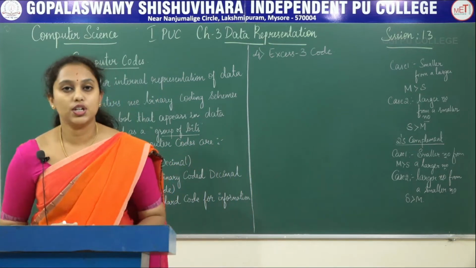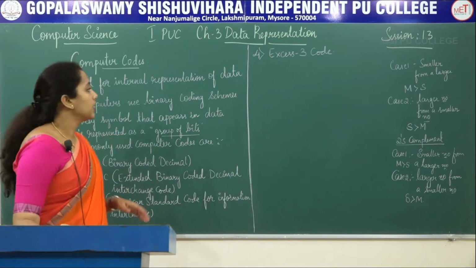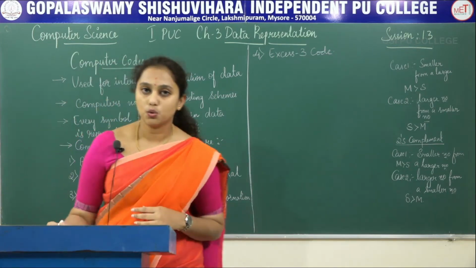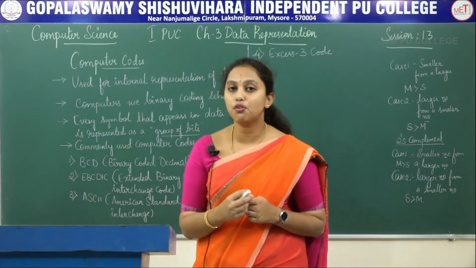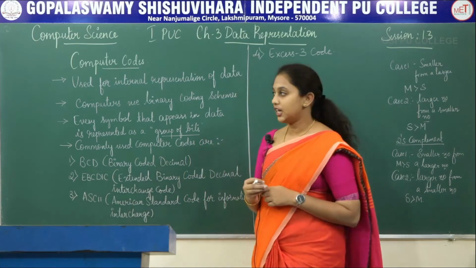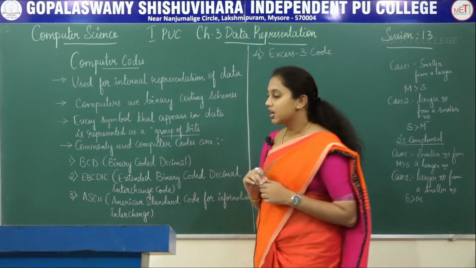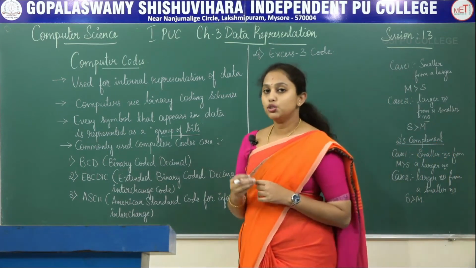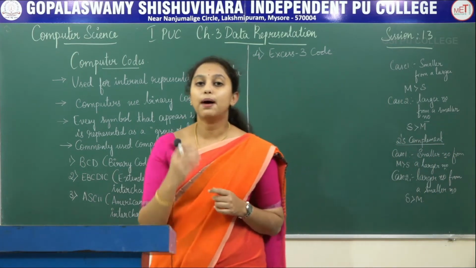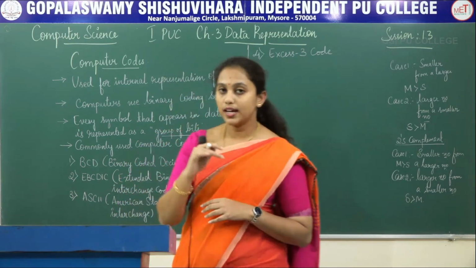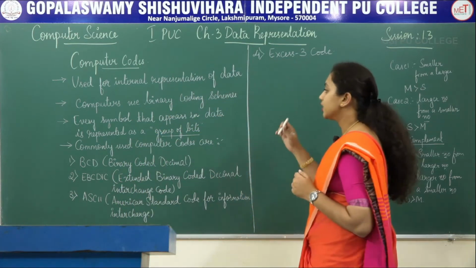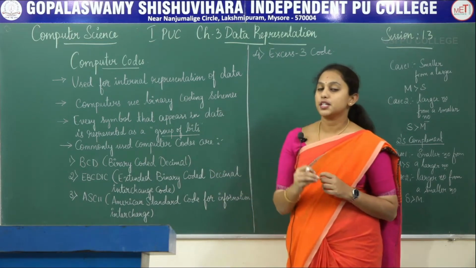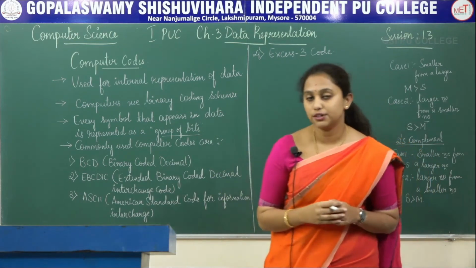In this session we are going to study computer codes. What are computer codes? Computer codes are used for internal representation of data. In computers, we represent data in binary codes, so computers use binary coding schemes for the representation of data.